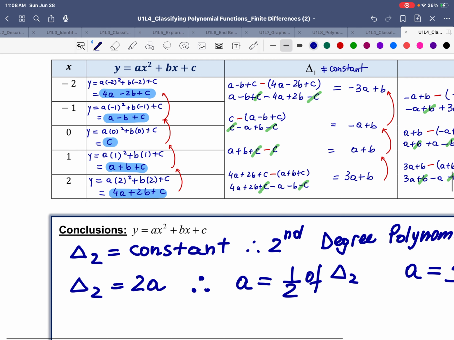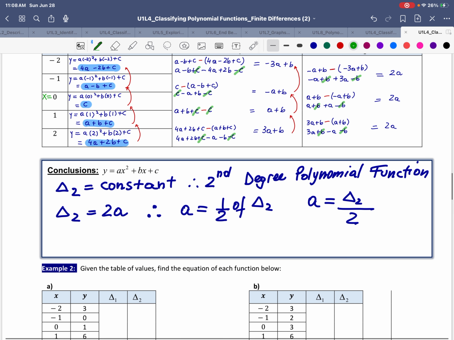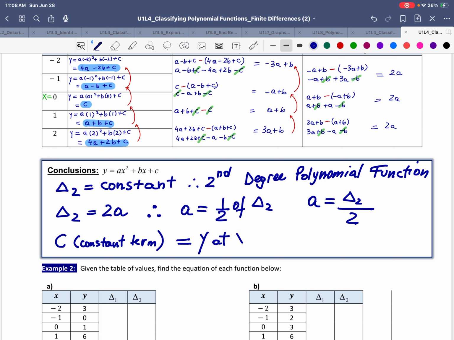And that was kind of similar when we were looking into the linear functions. So the value of y at x equals 0 will give the coefficient c, or the constant term. So coefficient c, which is the constant term in the function, would be equal to the y value at x equals 0.